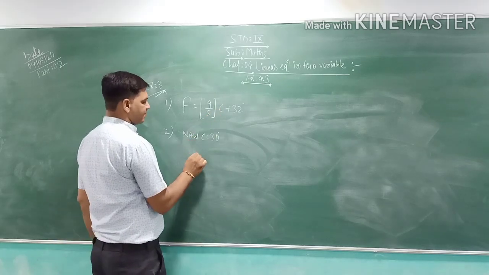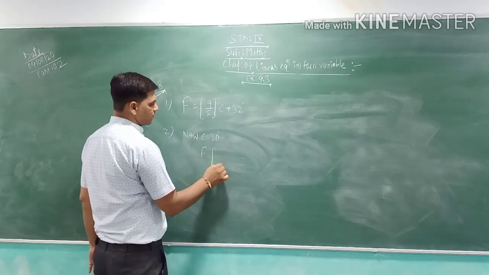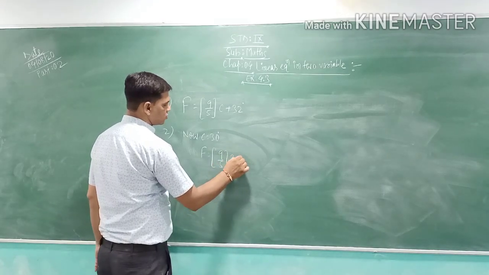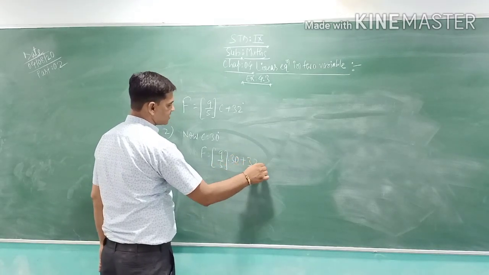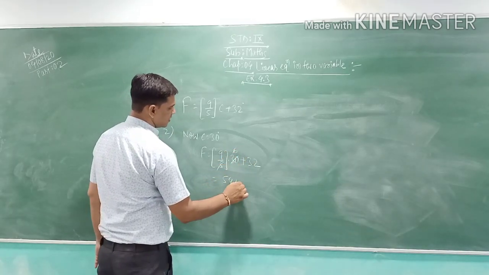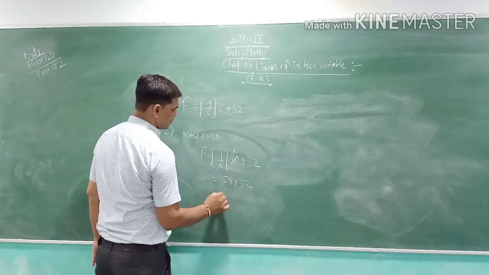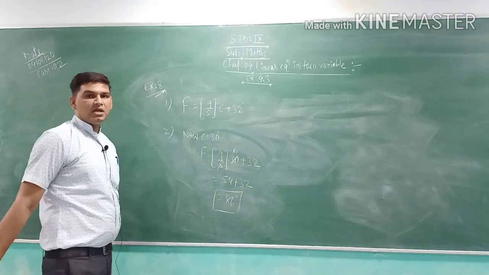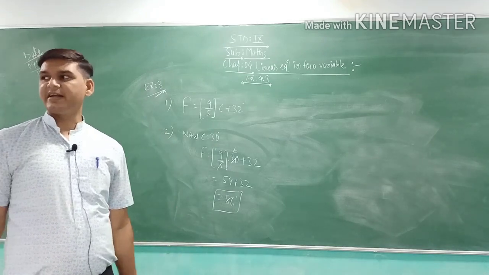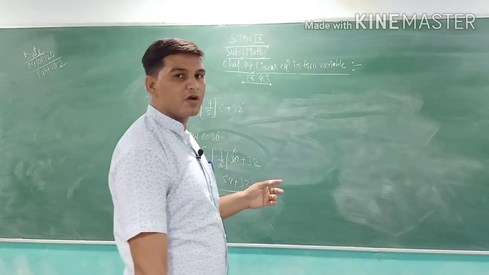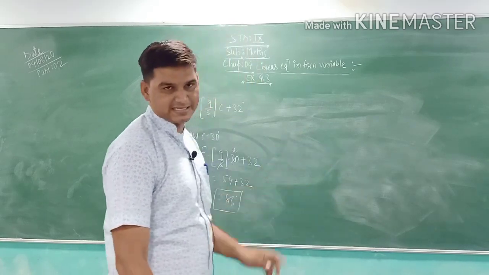So F is equal to 9 by 5 into 30 plus 32, which is 54 plus 32, 86 degrees. So if Celsius is 30 degrees, the Fahrenheit will always be 86 degrees.